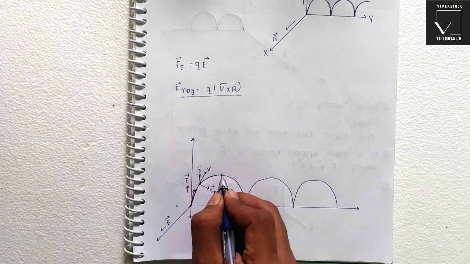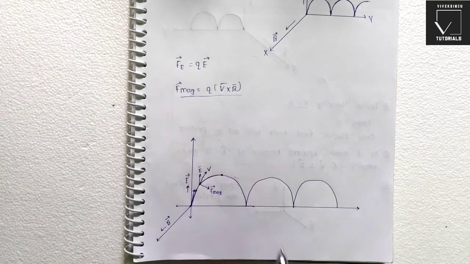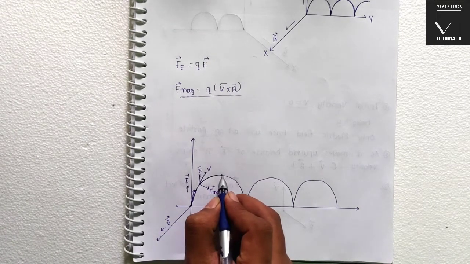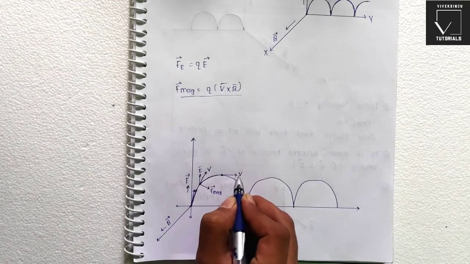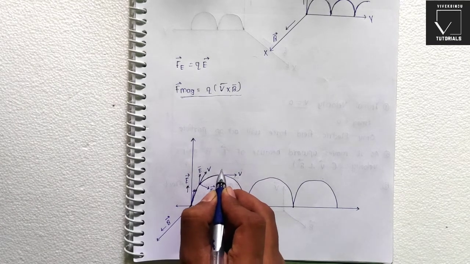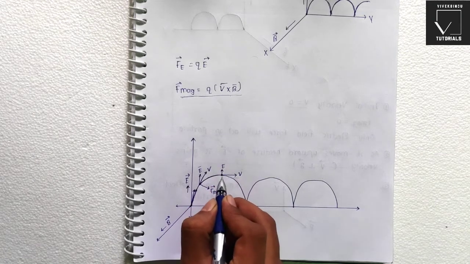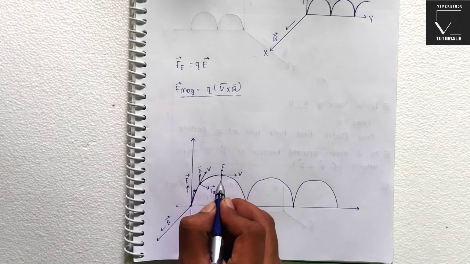If we consider this as the maximum point, at this point the direction of velocity will be in this direction, the electric field force will always act in the upward direction, and the magnetic force will be perpendicular to velocity, means in this direction.